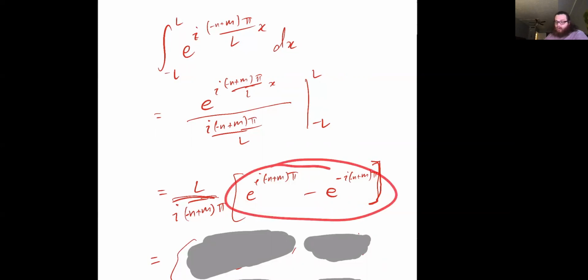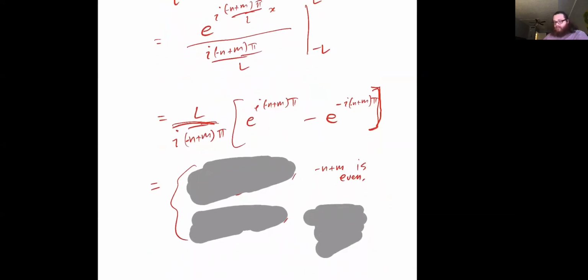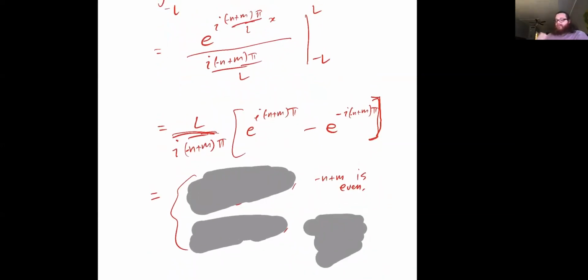And so now the question is, well, what is this expression? Here is where we go back to whether this difference, m minus n, is even or odd. So if minus n plus m is even, this is going to be an even number, and minus this is going to be an even number.